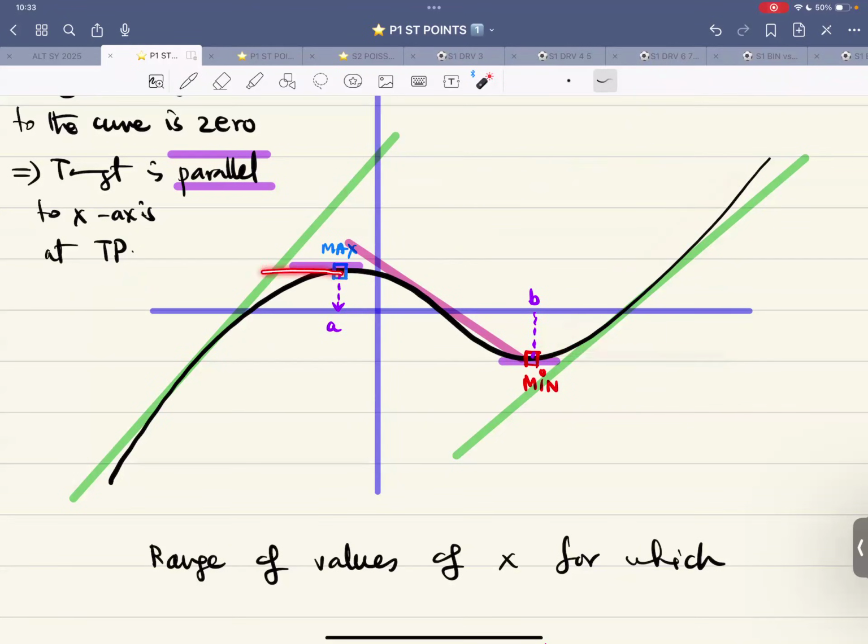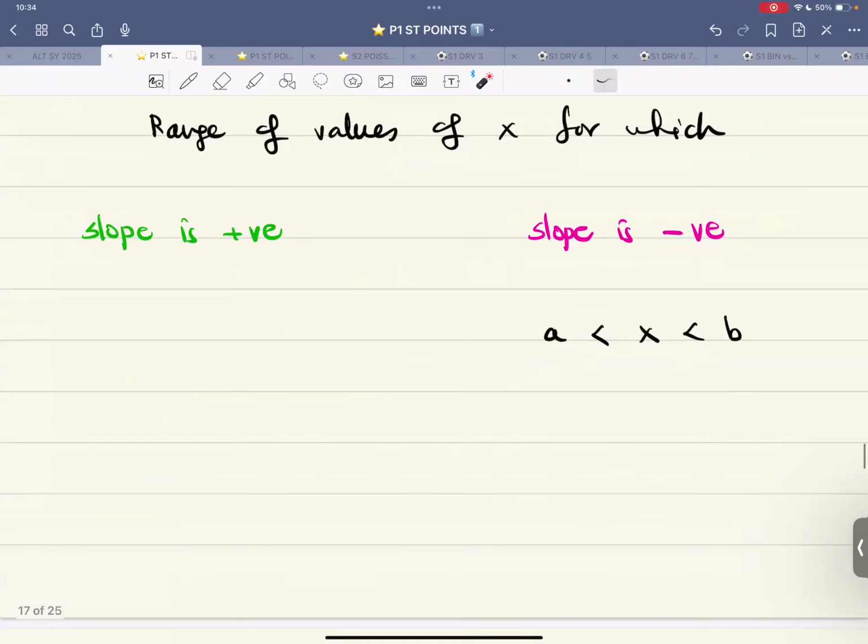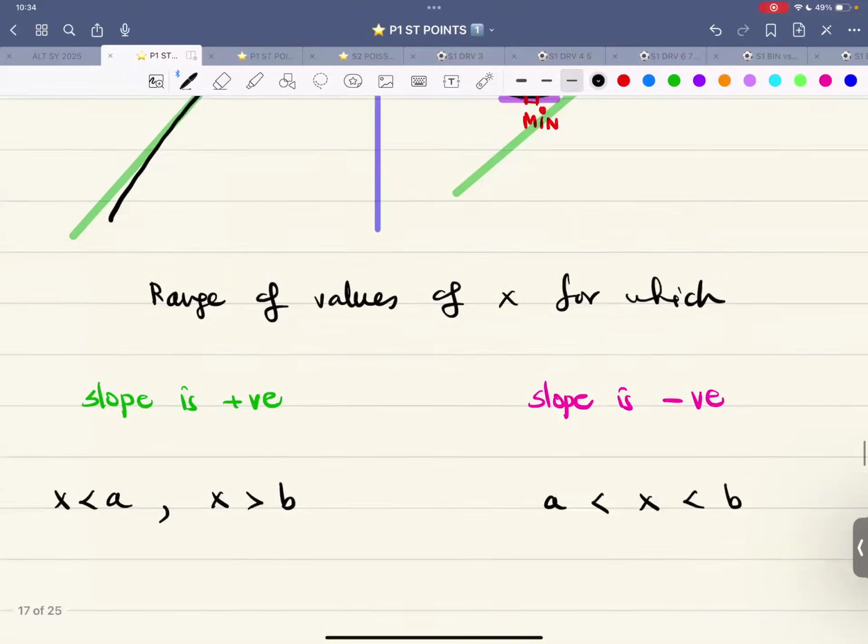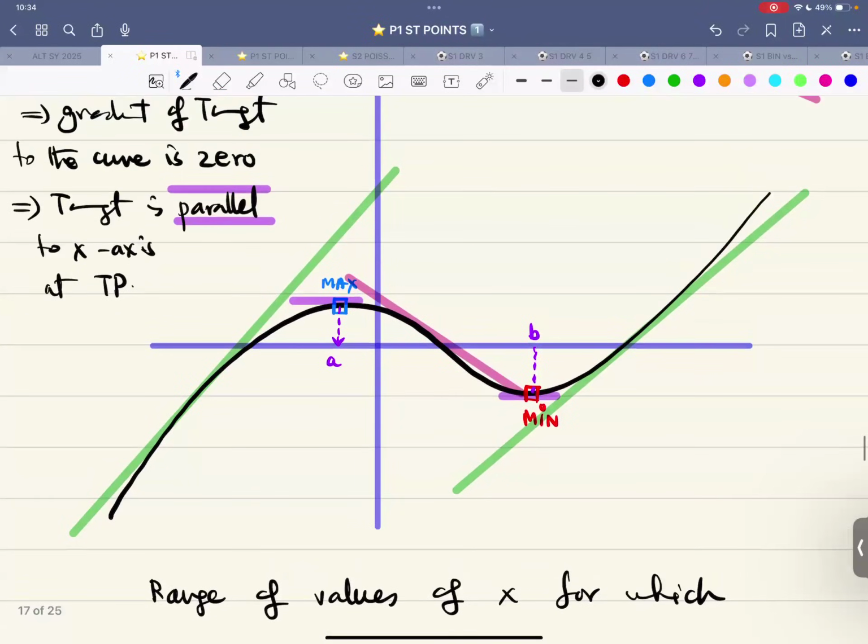If I go to the left of A, the tangent has a positive slope all along this region. So therefore, for x greater than B or x lesser than A, the tangent has a positive slope, and between A and B it has a negative slope. So is this all good, all clear? There's something about positive, negative slope.